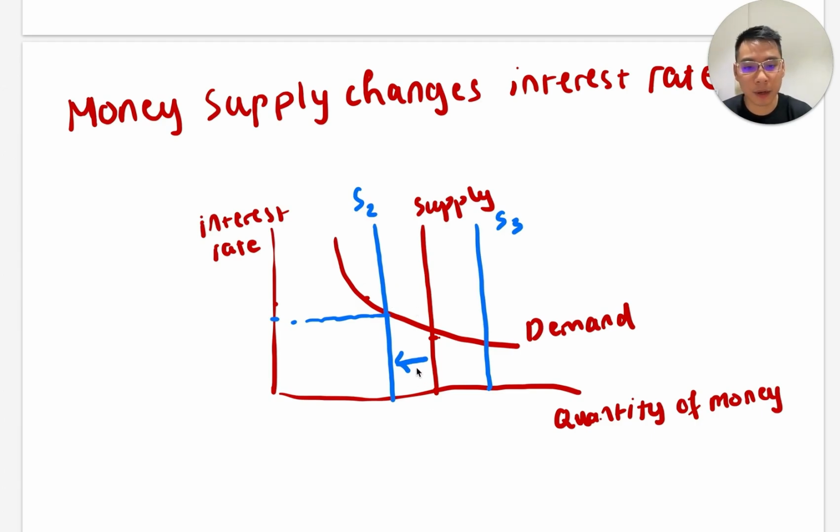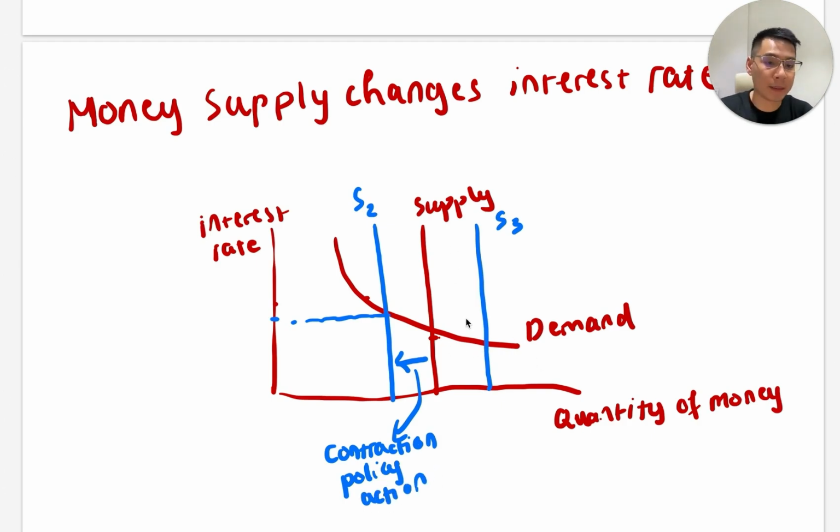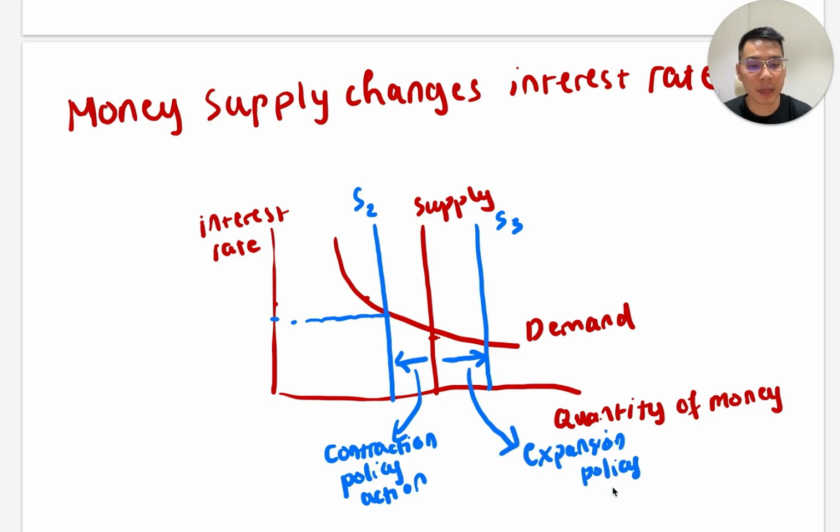Okay, so I'm going to call this a contraction policy action. And if the government wants to increase the money supply, shifting it outward, this is what we call the expansion policy action, where they want to speed up the economy.